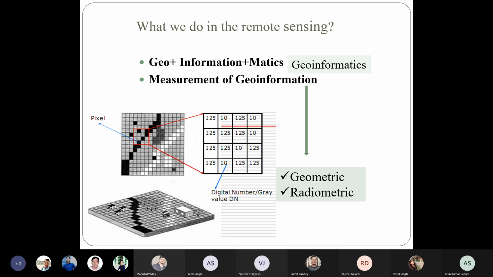Those energy components vary from a minimum to a maximum. Then at the sensor end, once the set of energy components is captured, they are divided into uniform segments, which we call analog to digital conversion.